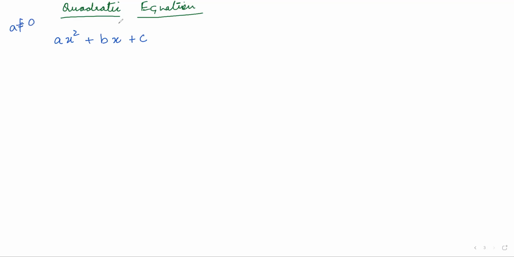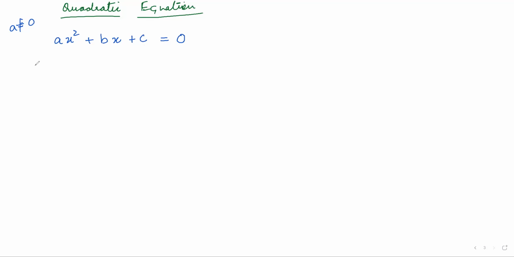Now if I equate this quadratic polynomial to 0, that becomes an equation, right? There's an equal to sign, I'm equating it to something, so I call it an equation, correct? Yes, ma'am. Okay. So the general form of a quadratic equation is ax square plus bx plus c is equal to 0. That is a quadratic equation.